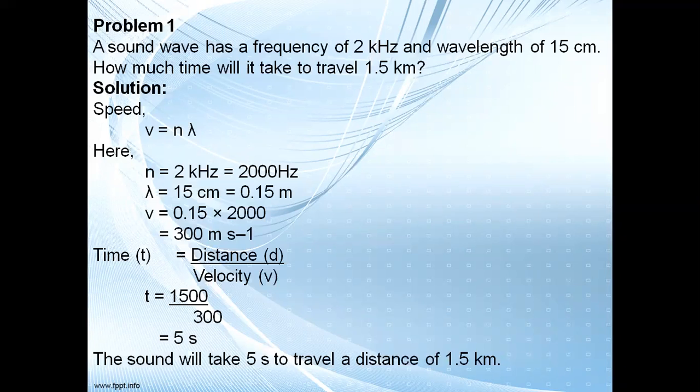Distance, 1.5 kilometer, that is 1500 meter, divided by velocity 300. So 5 seconds. The sound will take 5 seconds to travel a distance of 1.5 kilometer. So this is problem 1.